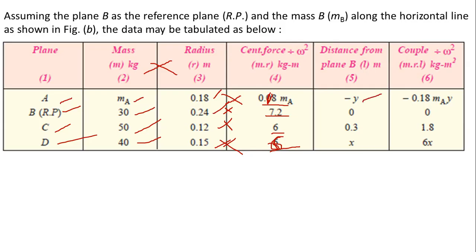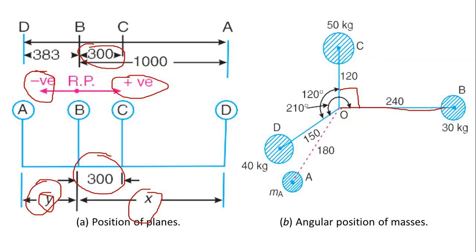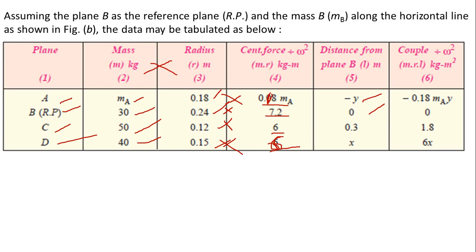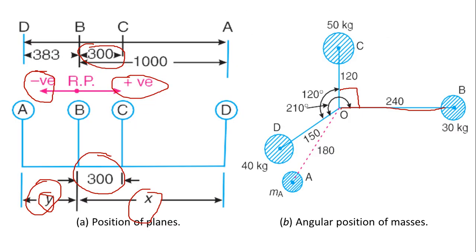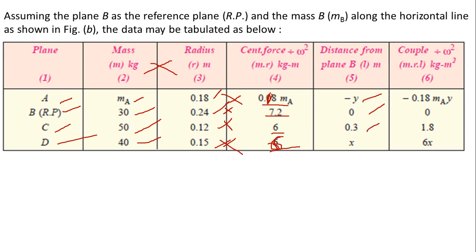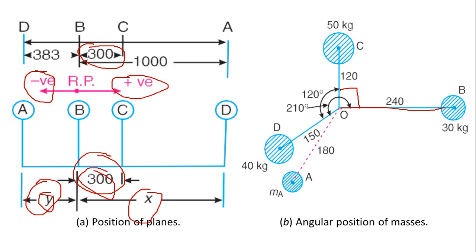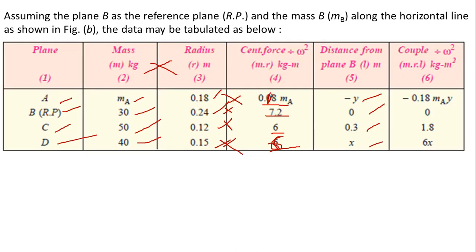So minus y, then B is 0, then B to C 300 mm, that is 0.3 meters. Then distance from B to D we take as x.